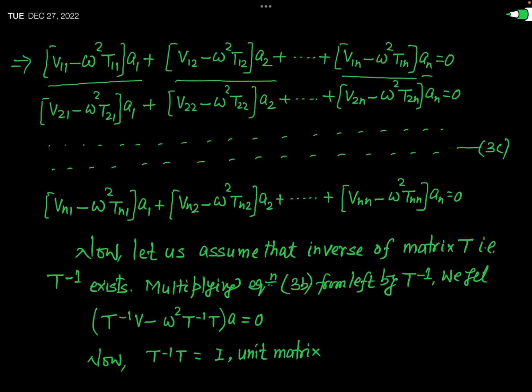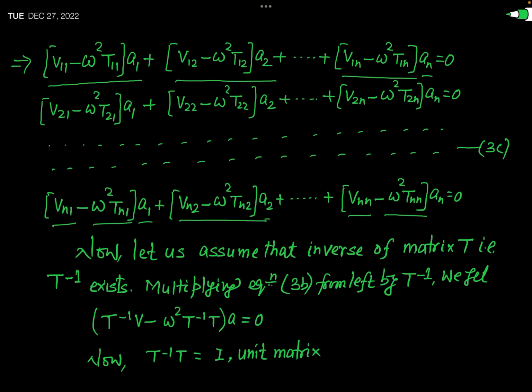And in a similar manner, the last nth equation will be Vn1 minus omega square Tn1 A1 plus Vn2 minus omega square Tn2 A2 plus so on plus Vnn minus omega square Tnn An equal to 0.